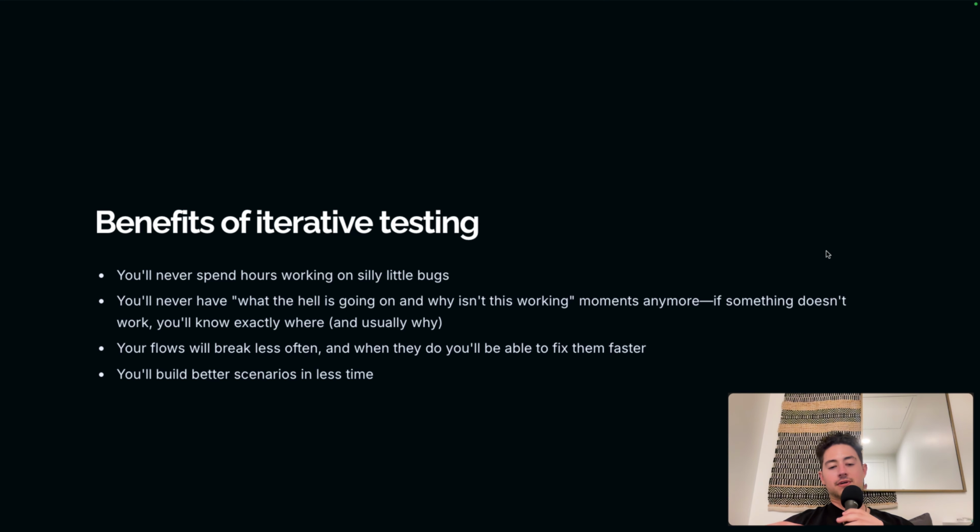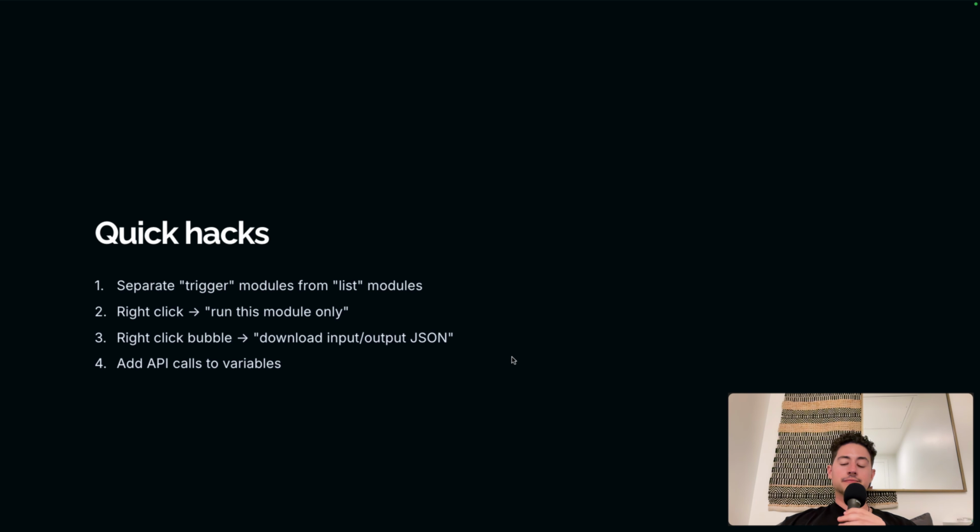You're never really going to have a "what the hell is going on and why isn't this working" moment. Because if something doesn't work, you'll know exactly where in your scenario from start to finish the logic is failing or things are breaking. Ultimately, your flows will break a lot less often, meaning when they do, you'll be able to fix them faster. And all of this is going to help you build much better scenarios in a much shorter amount of time.